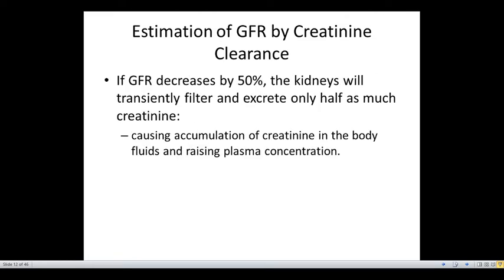If glomerular filtration rate decreases by 50%, the kidneys will transiently filter and excrete only half as much creatinine, causing accumulation of creatinine in the body fluids and raising the plasma concentration.